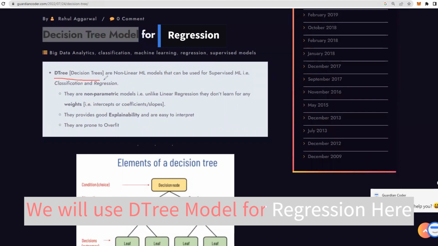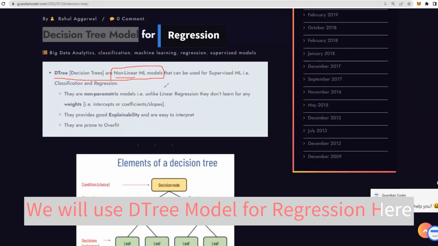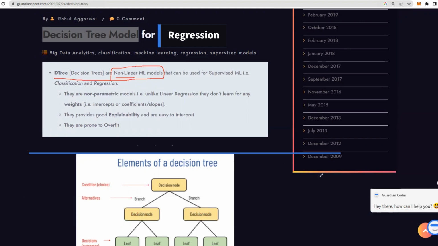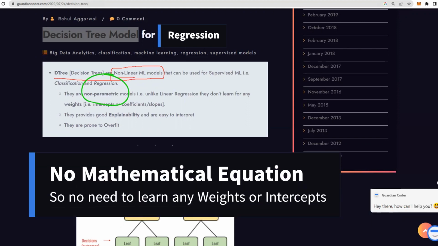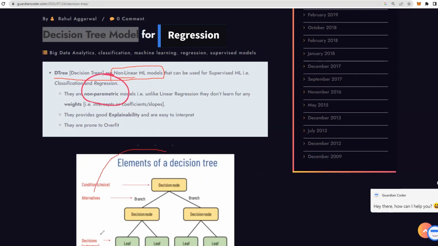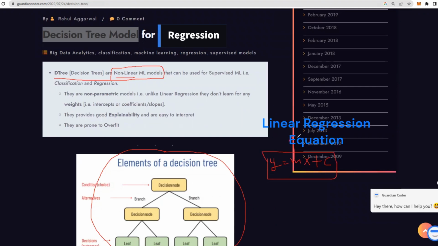Decision tree models are non-linear machine learning models, as we discussed. So how are they non-linear in nature? There is no equation here. It doesn't have any quadratic equation or any cubic equation, no. But it is non-linear because of the nature of the tree that it builds. We will talk about how it fits to the data. Ultimately, when we talk about any equation, we say this equation is going to fit on the data so that we get the values of coefficients, correct?